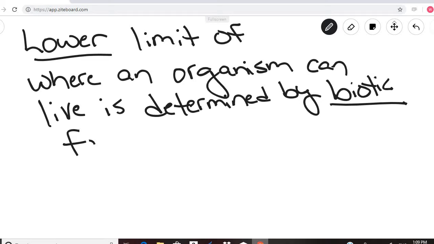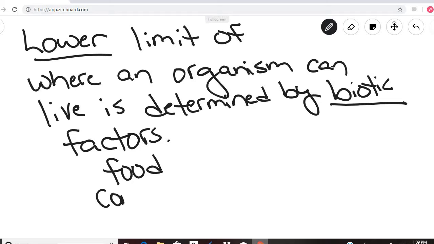So what would that be? This would be things like food. How much food is available? How much competition is there between different species that live there?